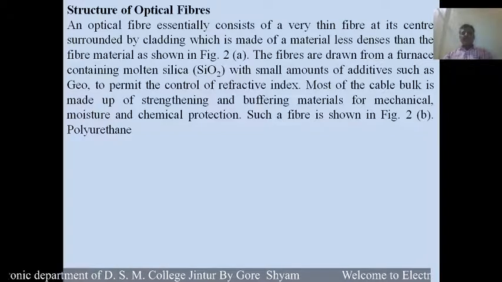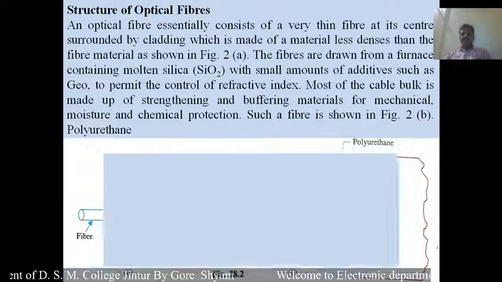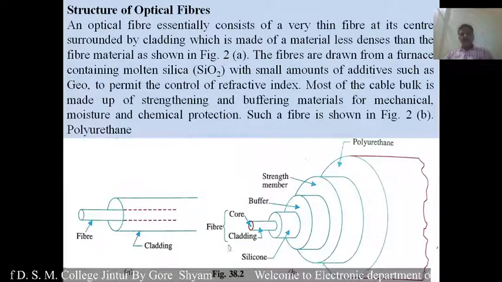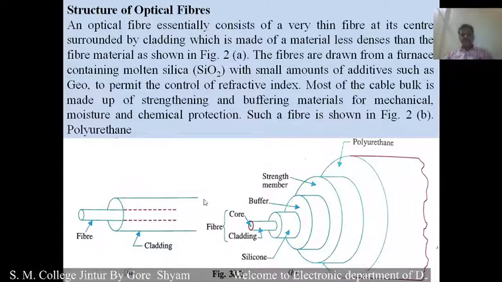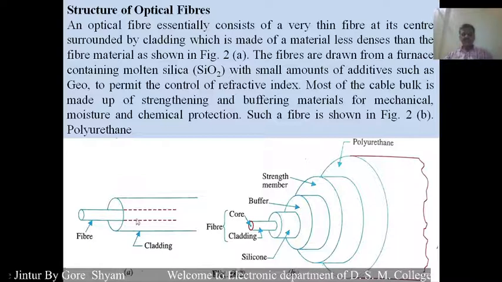Here the optical fiber consists of a very thin fiber at its center, surrounded by the cladding. Here this is the cladding, and this center part is known as the optical fiber, and this center part is made from glass.